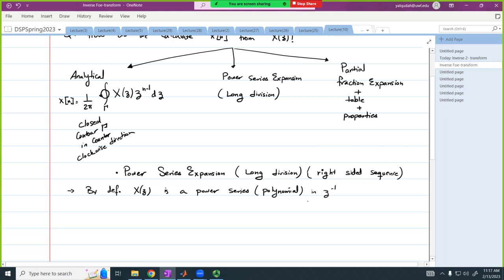And therefore, we can read the coefficients directly from this polynomial, where the coefficients of z to the negative n is x of n. What does this mean?